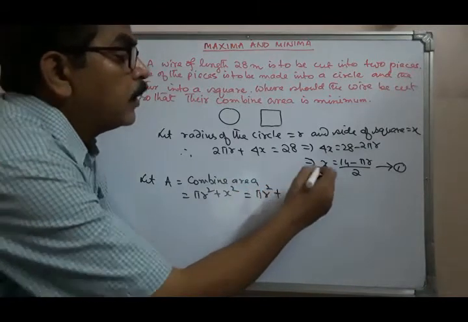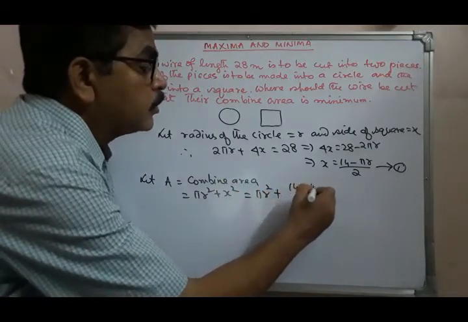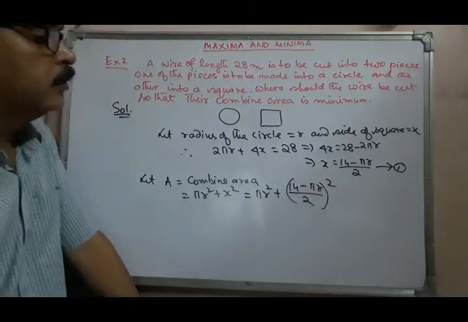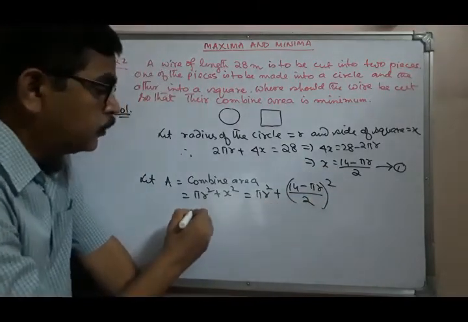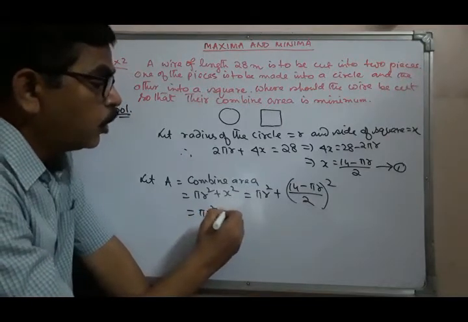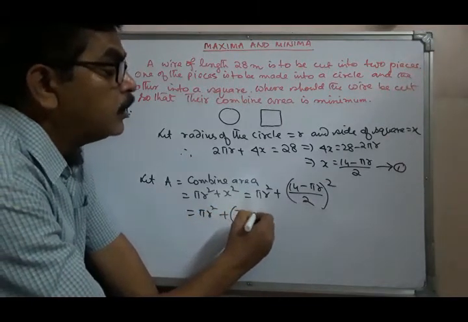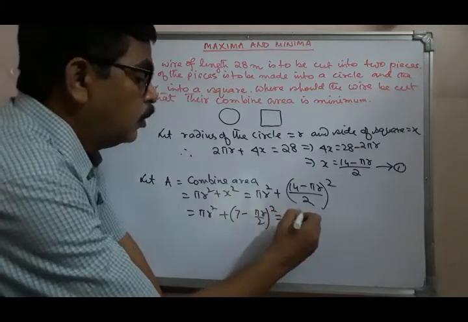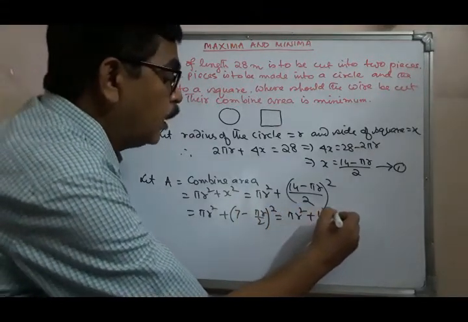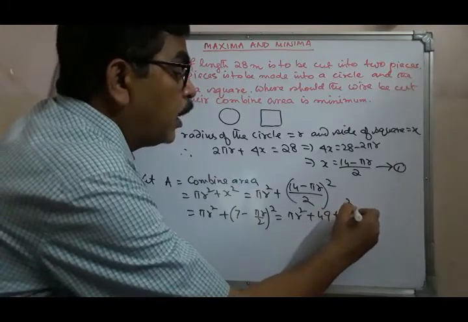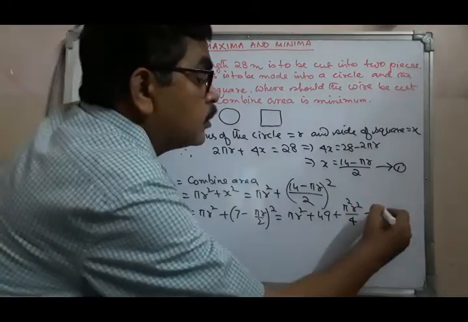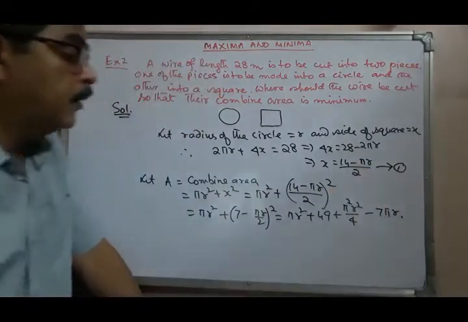Pi r square plus (14 minus pi r) by 2 whole square. So that is, we may write pi r square plus 7 minus pi r by 2 whole square, which is pi r square plus 49 plus pi square r square by 4 minus 7 pi r.